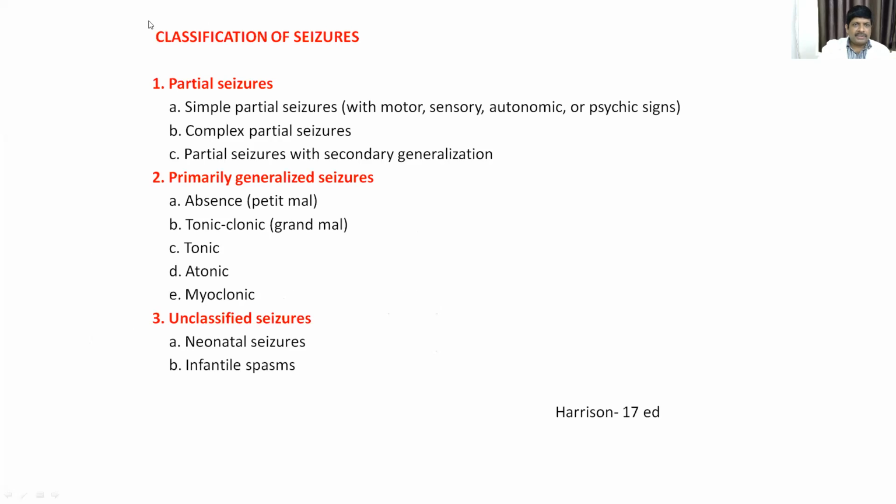This is again the classification of seizure based on Harrison 17th edition. Partial seizure: simple partial and complex partial seizure with secondary generalization. Then we have primarily generalized seizure: absence, tonic-clonic, tonic, atonic, myoclonic, and unclassified seizure, neonatal and infantile.